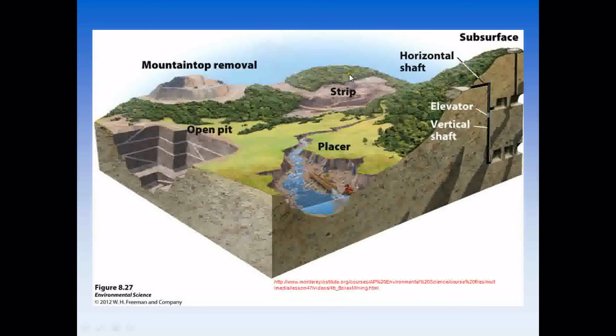Trees have to be cut down, and the ecosystem is really, really damaged. There's not a whole lot of furry little creatures that are going to be living in an area that's being mined. And that last example here is the open pit mining, where we take an area and just dig down from the outside down into an open pit.